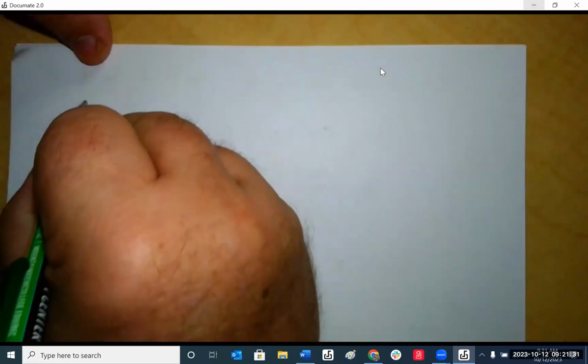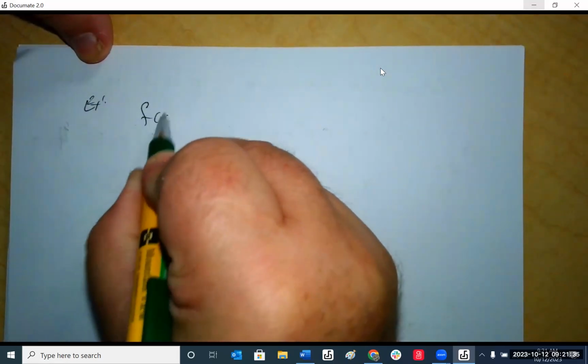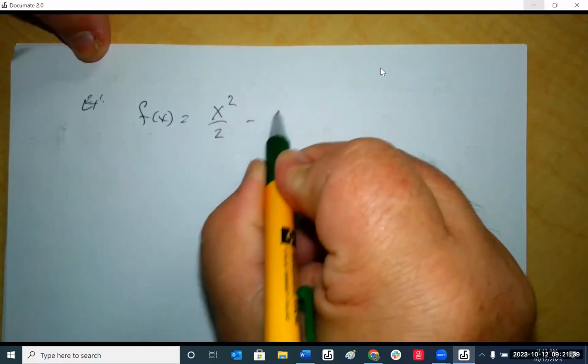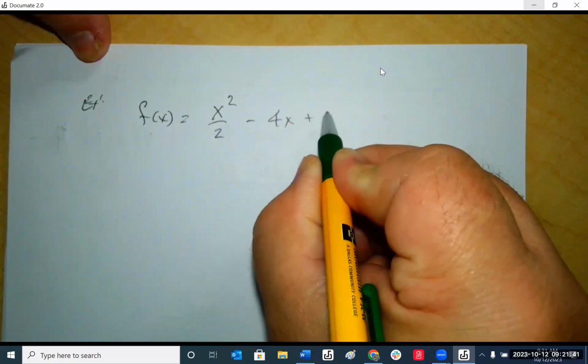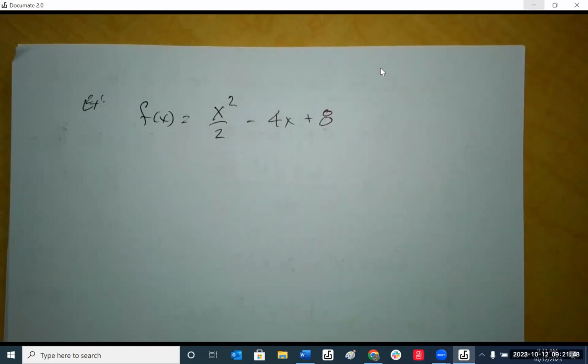Okay, here's the last question. I'm going to set it up for you because it's almost time to go. If I gave you this, and I asked you to find the solutions, the x-intercepts, how would you do it?